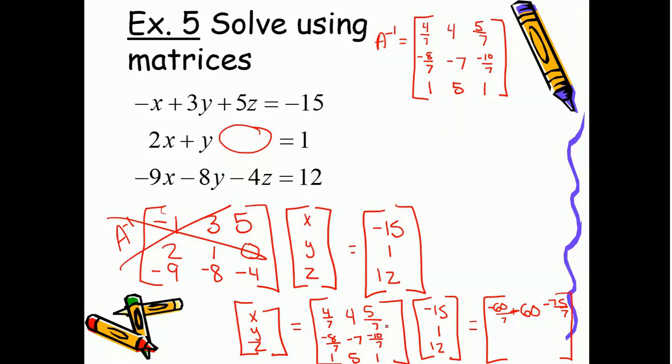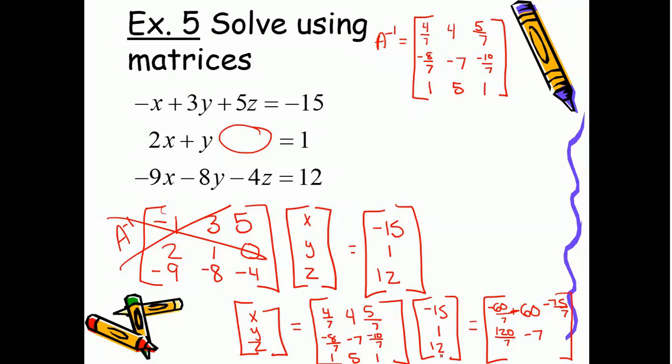Alright. Negative 8/7 times negative 15 would give us 120/70. Negative 7 times 1 is negative 7. Wonderful.